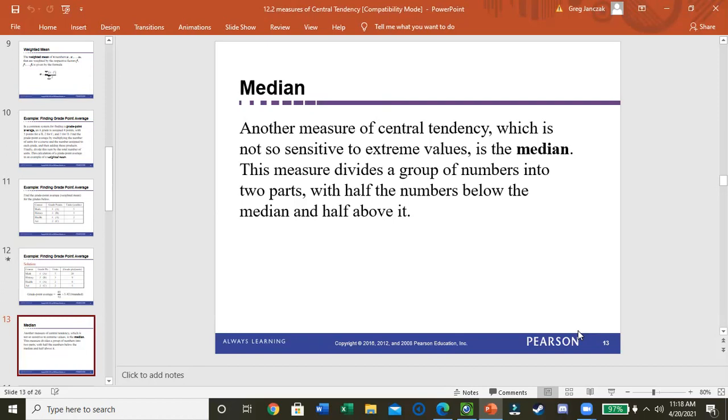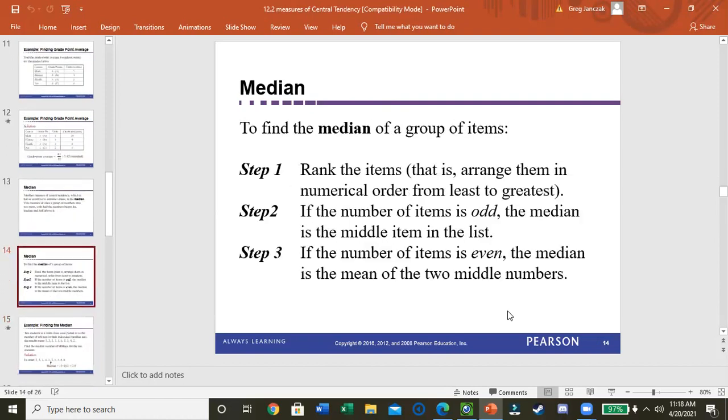If it's too far off, then our data is skewed, or in layman's terms, distorted. Median basically divides the data set in half and gives you the middle number. First thing you want to do is rank the items from lowest to highest, and I'll show you how to do that on the calculator. It's real easy.